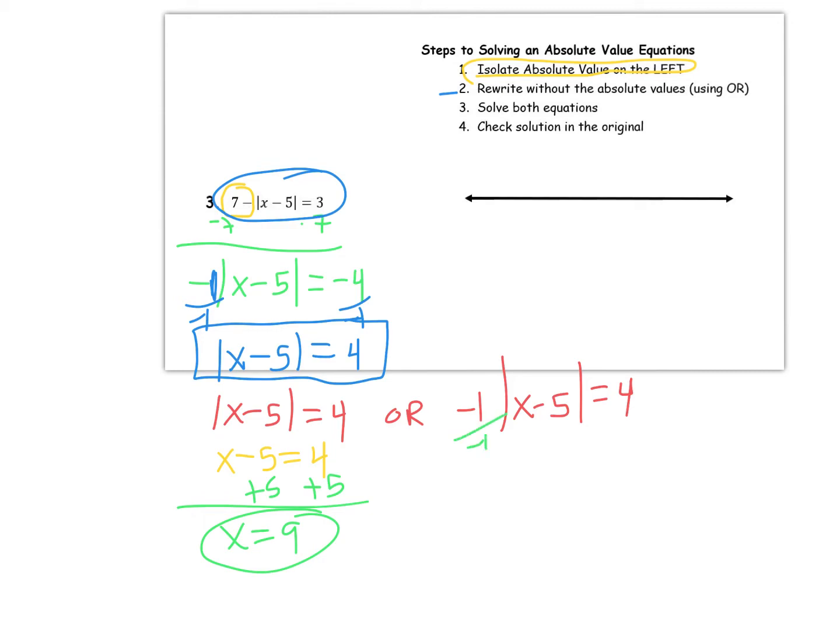Let's divide by negative 1. So x minus 5 is going to equal negative 4. Now I'm going to take down the bars. So x minus 5 is equal to negative 4. Add 5s. So x is equal to 1.